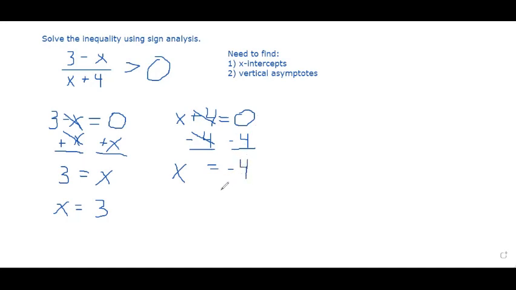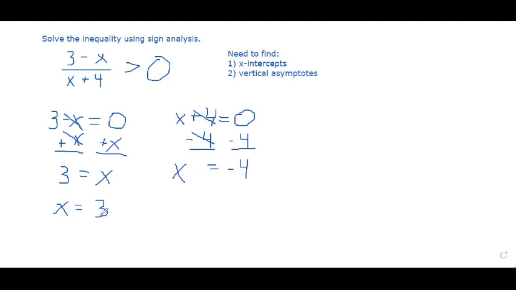All right. So we now have that x is equal to -4, and that is the equation of the vertical asymptote. So we have two numbers here that we can use to help us solve this inequality. We have the x-intercept and we have the vertical asymptote.